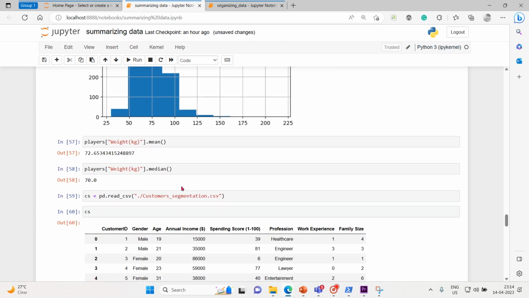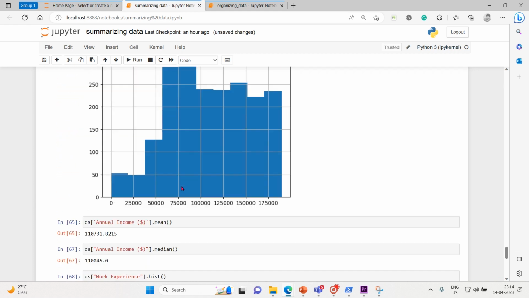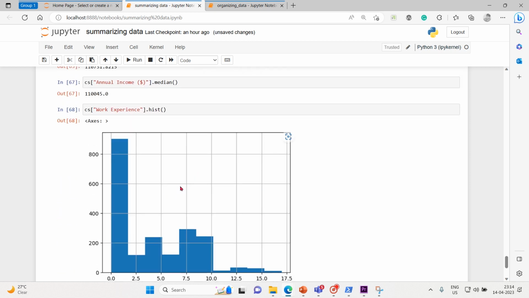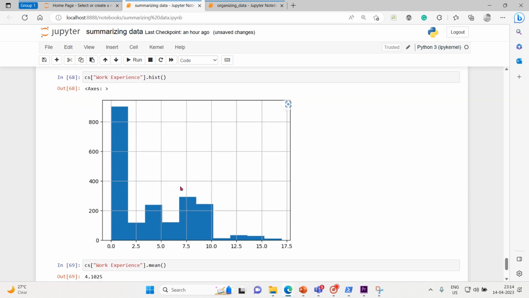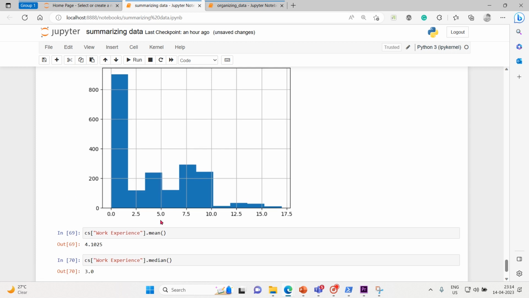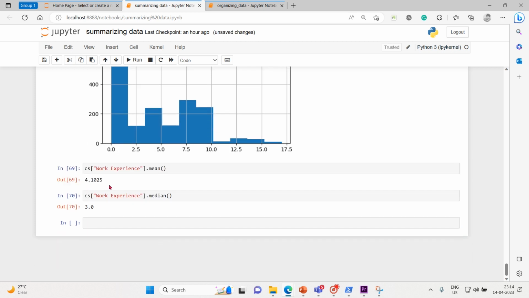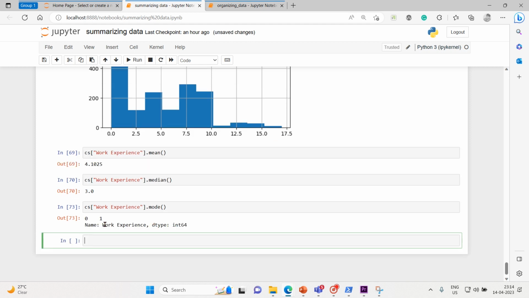Now let's go for the data which has a huge skew. Here is work experience, and the mean is 4.1025 years and the median is 3.0. Now let me find the mode of the work experience. It's 1.